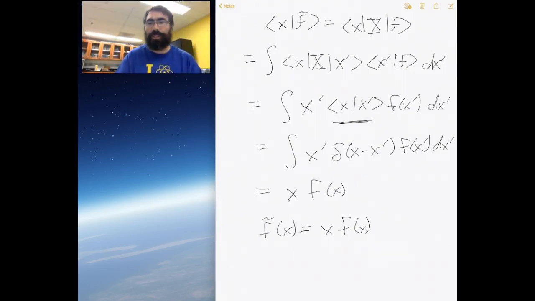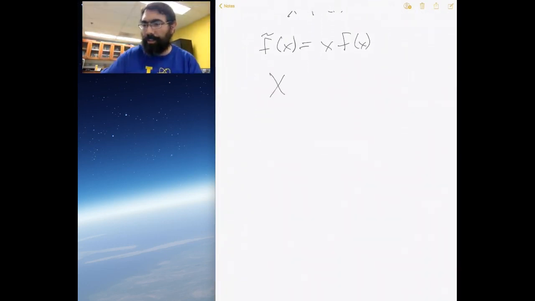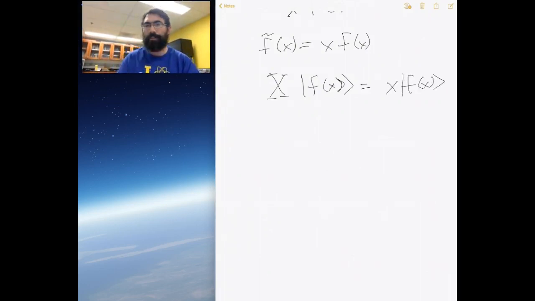So in the end, what the operator capital X operating on some function space like this returns is that function space back again, times the value of the position X. So the interesting question now is what happens when the X operator, the position operator, operates in K space.